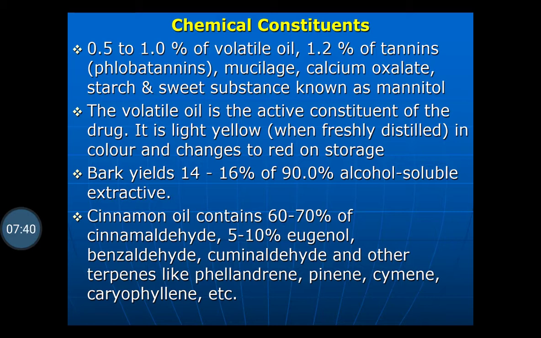The chemical constituents present in the cinnamon oil: it contains 60 to 70% of cinnamaldehyde, 5 to 10% of eugenol, benzaldehyde, cuminaldehyde, and other terpenes like phellandrene, pinene, cymene, and caryophyllene.